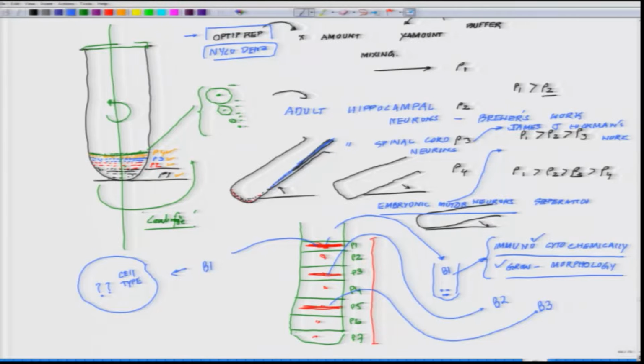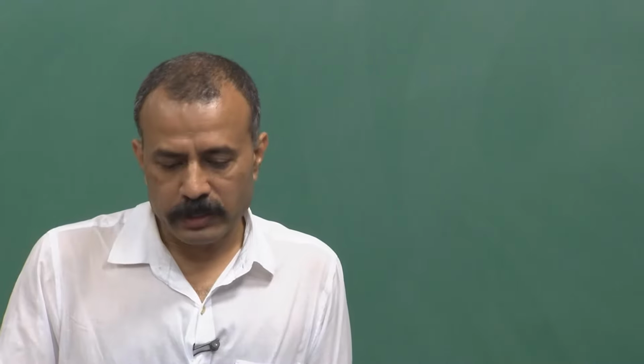I will hand this over if I could get a copy of the paper, because this is a very old paper where density gradient centrifugation has been used. So this is the 80s, this is the early 2000s, and this is around 2003. This is how this area of cell separation in terms of neuronal cells has progressed.